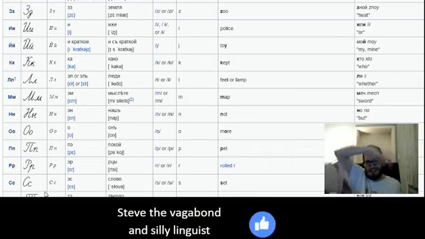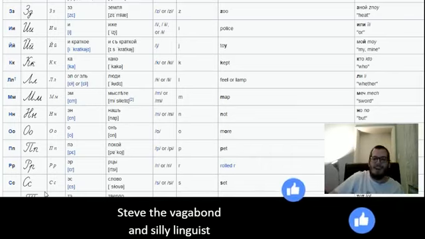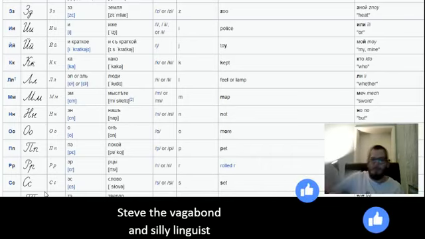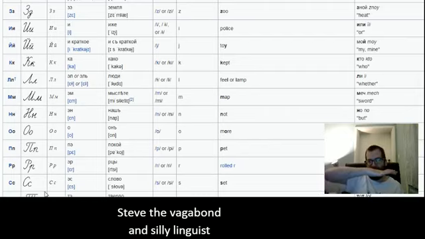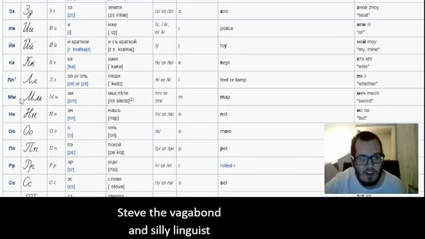You get the idea. If you just make it horizontal, then you've got the Russian N sound. So although it looks like an H, it's actually an N.